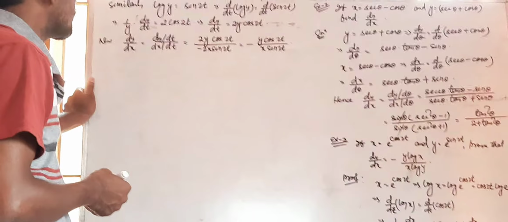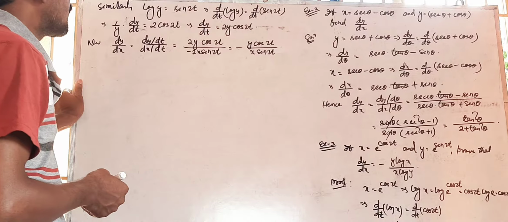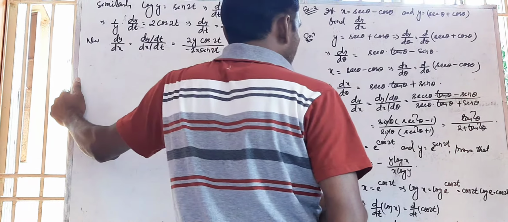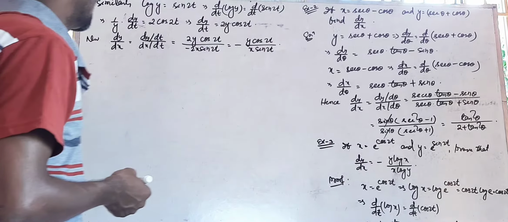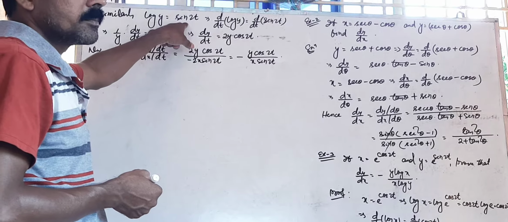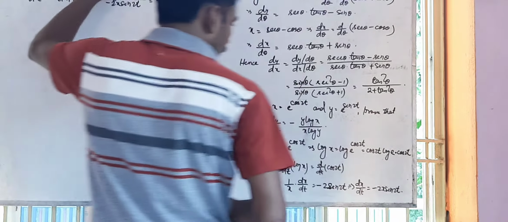Now this is what we want to prove: minus y log x by x log y. Here you see sin 2t is log y and cos 2t is log x.